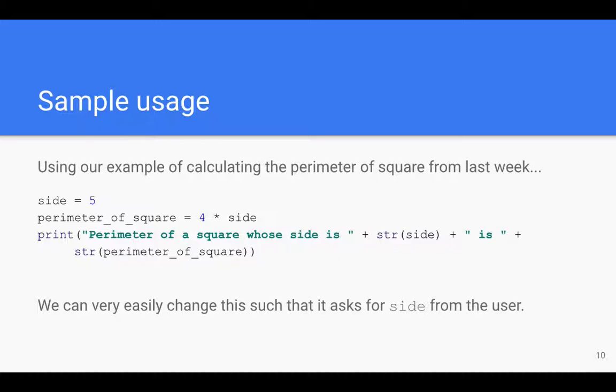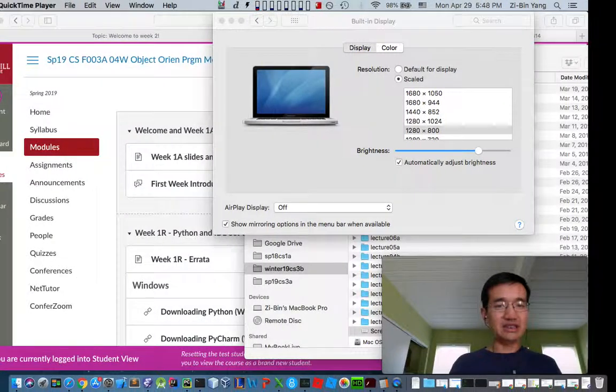It would be a lot more useful if we allowed the user to type the length of the side and we just calculate the perimeter. So it's something that we can do very easily.